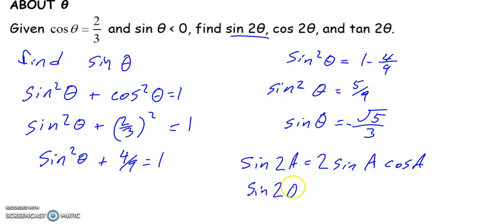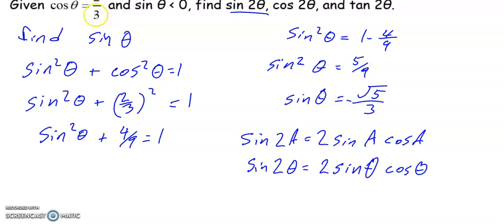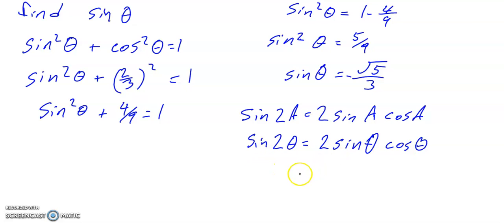So the sine of 2 theta is going to be 2 times sine theta cosine theta. What's cool is I know cosine theta. Cosine theta is 2 over 3. Sine theta is negative radical 5 over 3. So we're just going to plug those in.